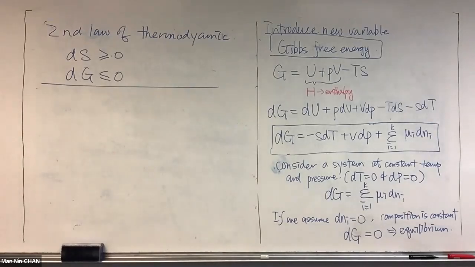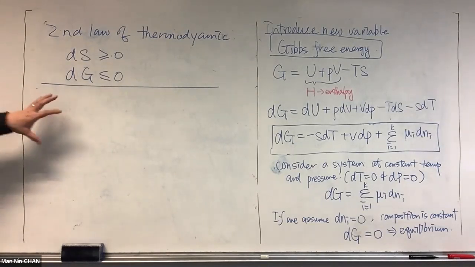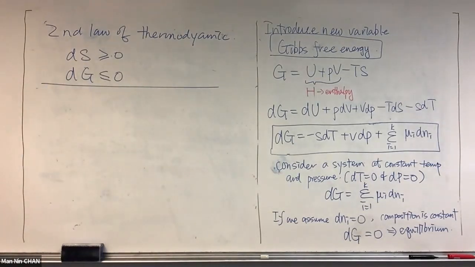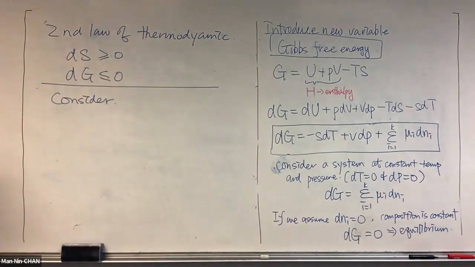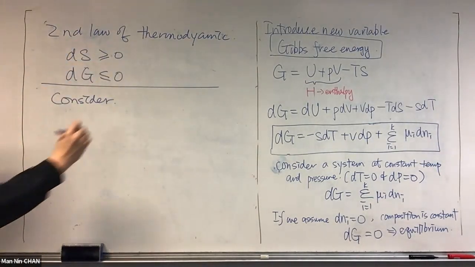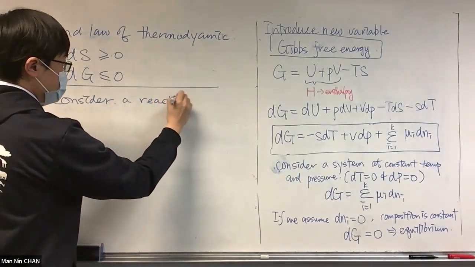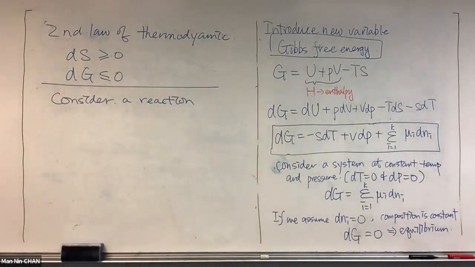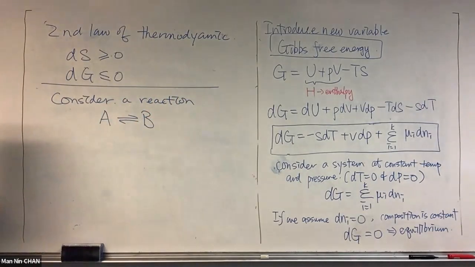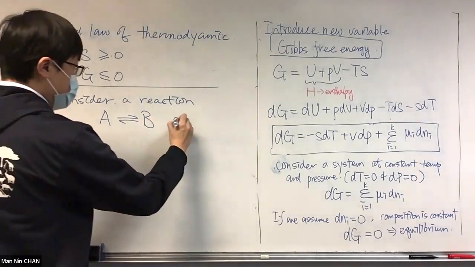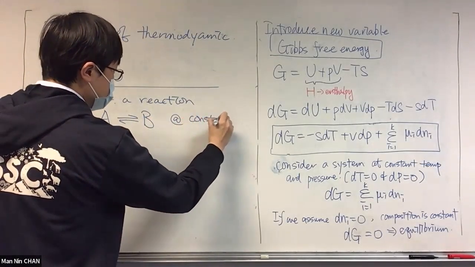Now we want to look at a simple equation of a single reaction, and then use the single reaction to talk about the Gibbs energy. To give you some idea about this concept, consider a single reaction, a very simplified equation: A, and then you can have a reversible reaction to B. Let's consider constant temperature and pressure.